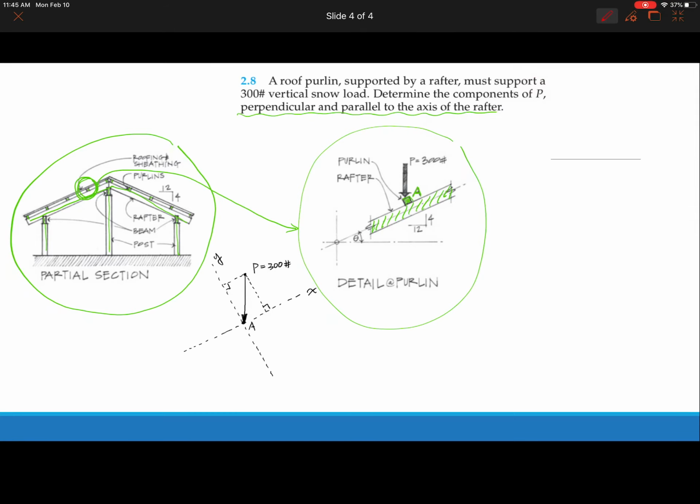This is going to be your Py, and this is going to be your Px. The next question is, can you solve for Py and Px? We need an angle or a slope. In this case, what we have is just the slope, and the slope is 4 to 12.